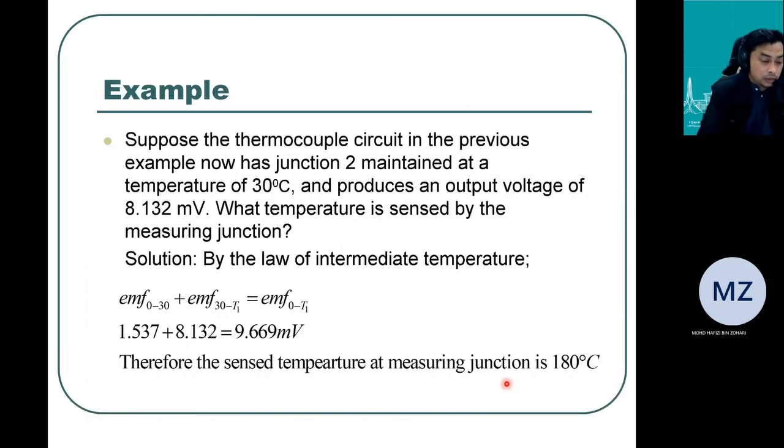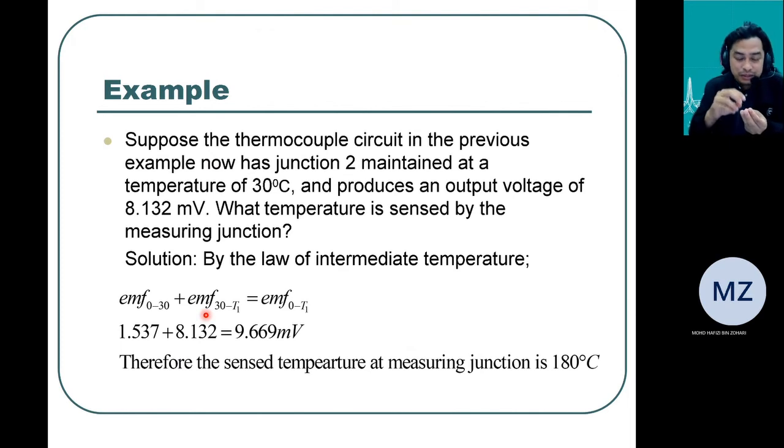Okay, now we go to the next example. Let's say you use the environmental temperature as a reference. For this one, you have to combine two readings. Let's say we put one junction at the environment temperature of 30 degrees. The thermistor shows 30 degrees, so that is how we know.